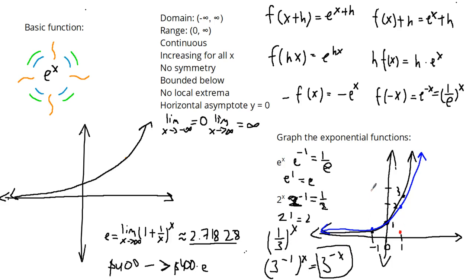And when x equals -1, it's 3, because 3 to the 1 is 3. So then you'll have something like this instead, right? They all pass through (0, 1), because if you put in 0, it'll be 1. So that's the 1/3.